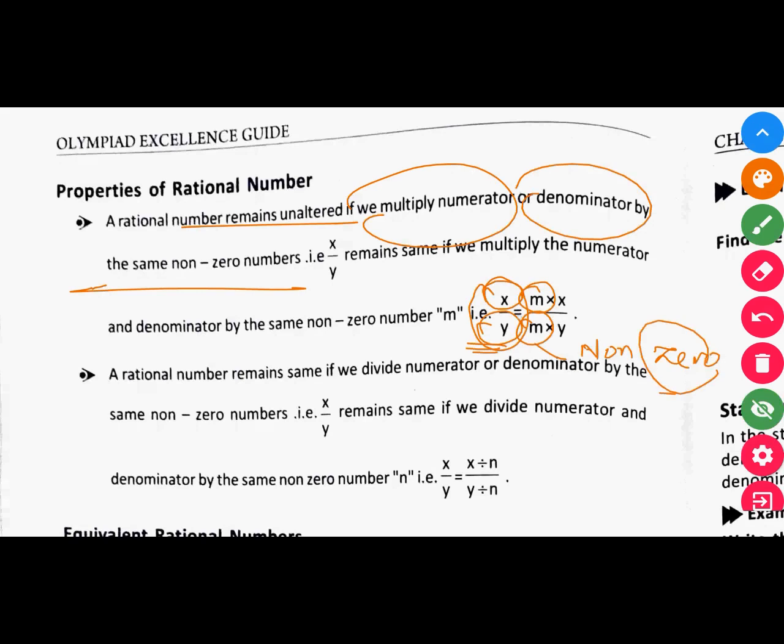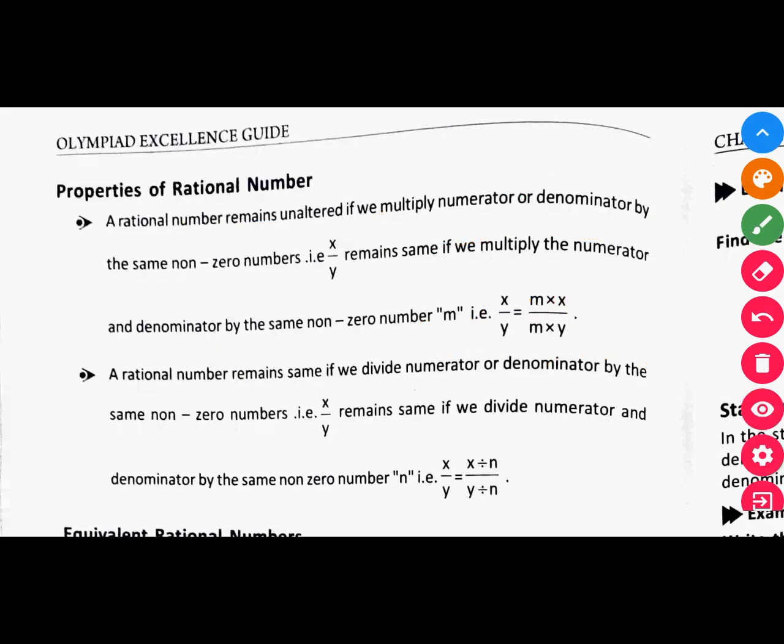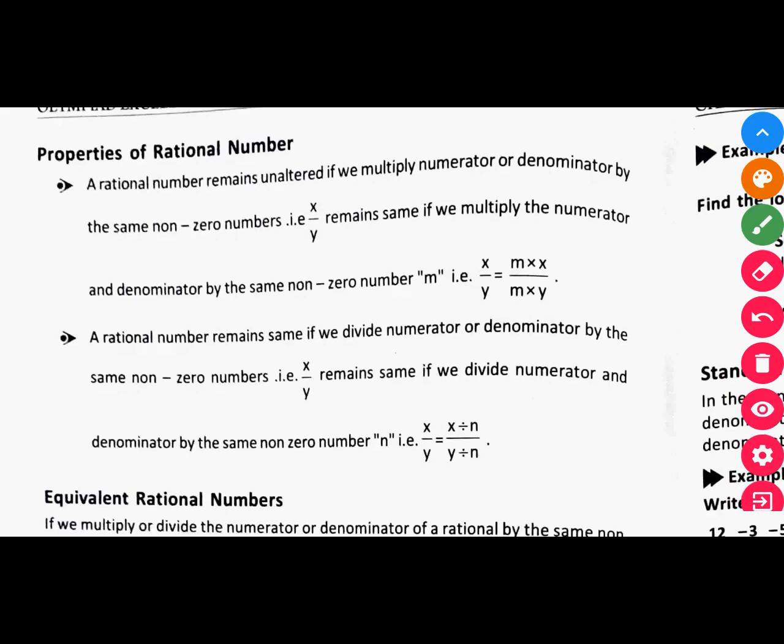Because if we multiply the numerator by 0, the answer will be 0, and the denominator answer is also 0, but we know the condition of a rational number: if the denominator is 0, it is not a rational number. So it should be multiplied by the same non-zero number in the denominator and numerator, then the rational number remains unaltered.